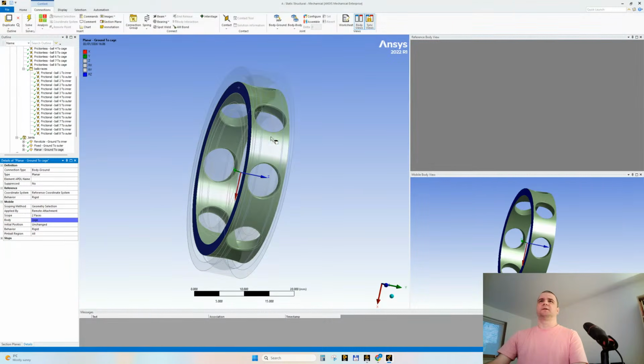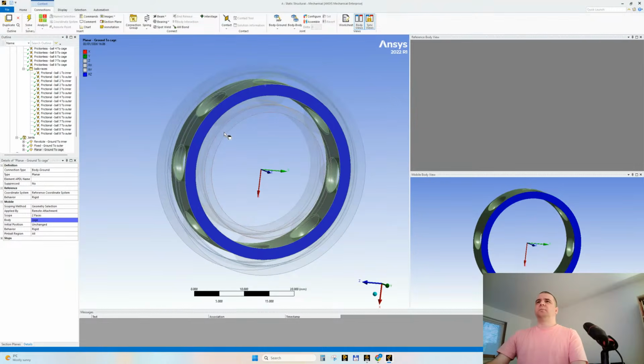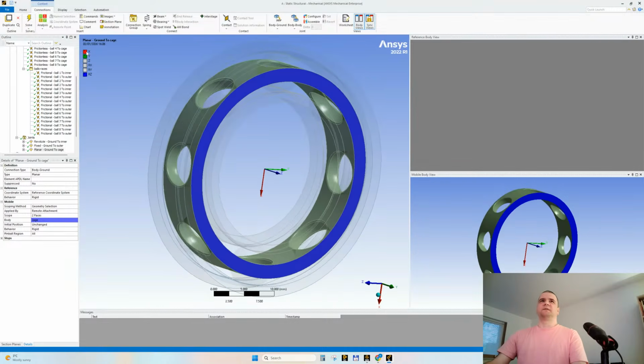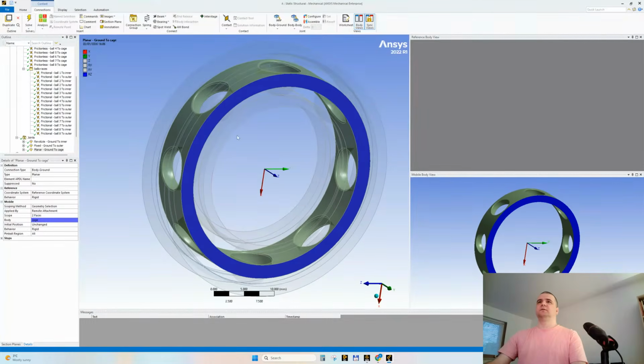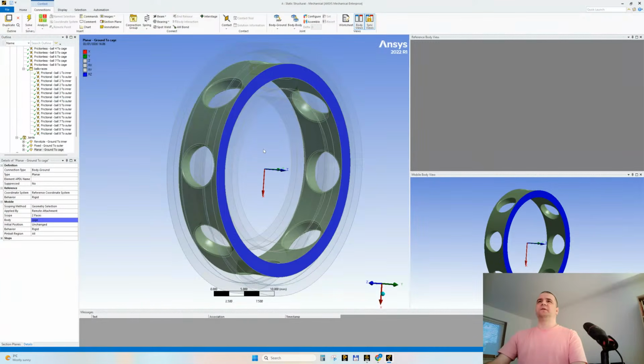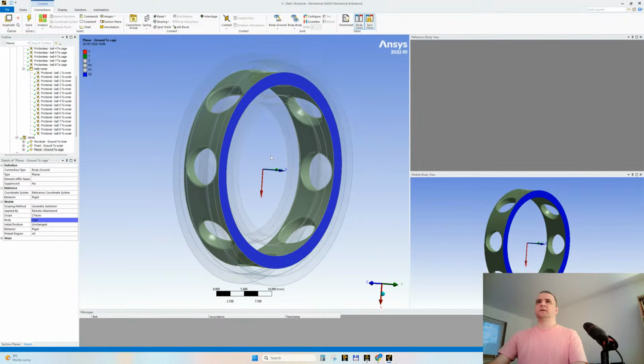It will be a planar joint. This means we will have translation on the X and Y plane. We'll have translation X, translation Y, and possible rotation about the Z-axis, which is what we really want.